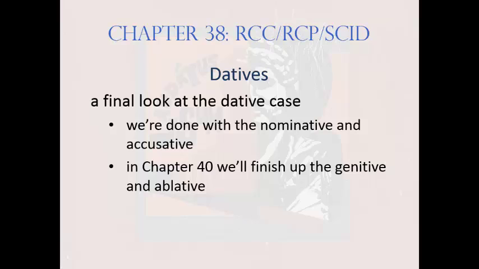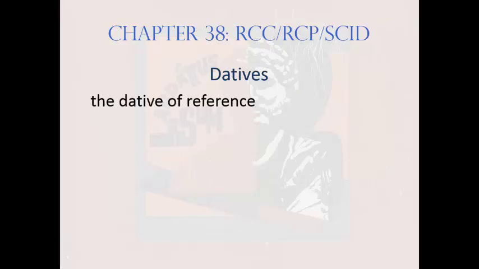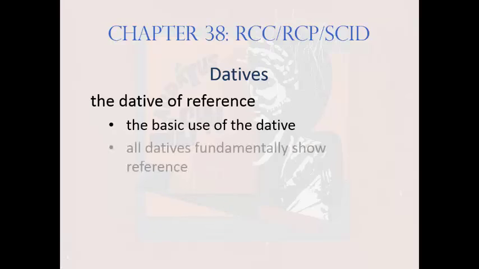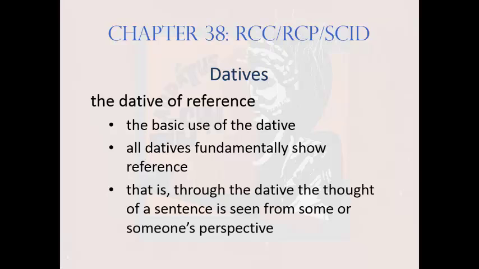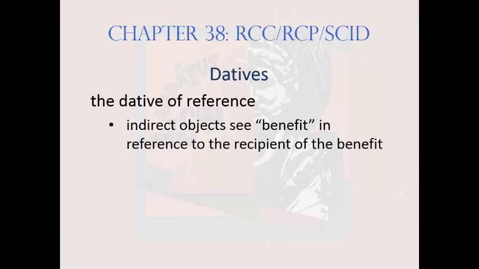When it all comes down to it, if there's one guiding sense that underlies all datives, it's reference. Reference is the dative's basic use. All datives fundamentally, one way or another, show reference. That is, the perspective from which an action or thought is seen. Indirect objects, for instance, show from whose perspective there was benefit in some act of giving.